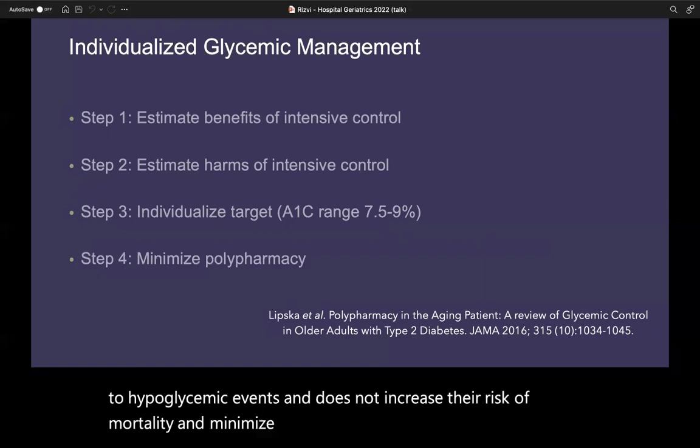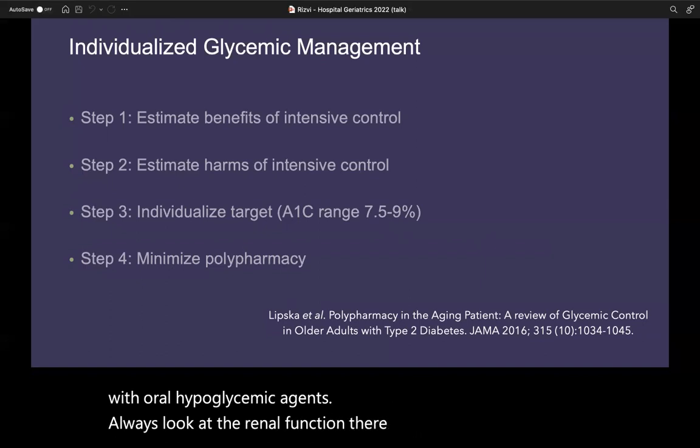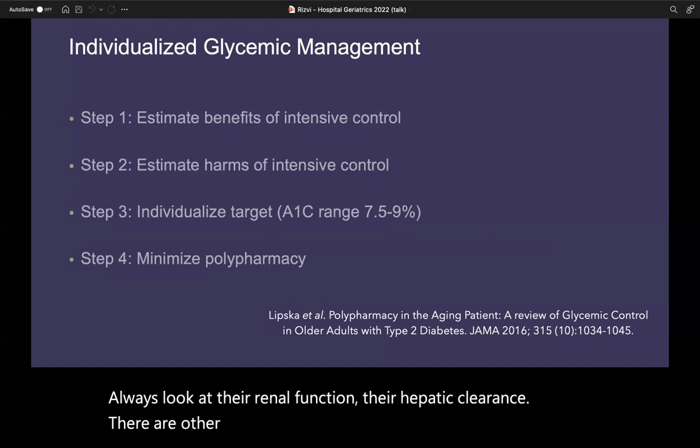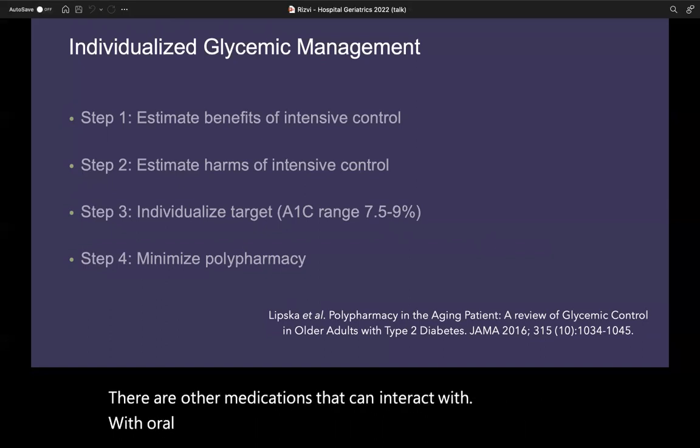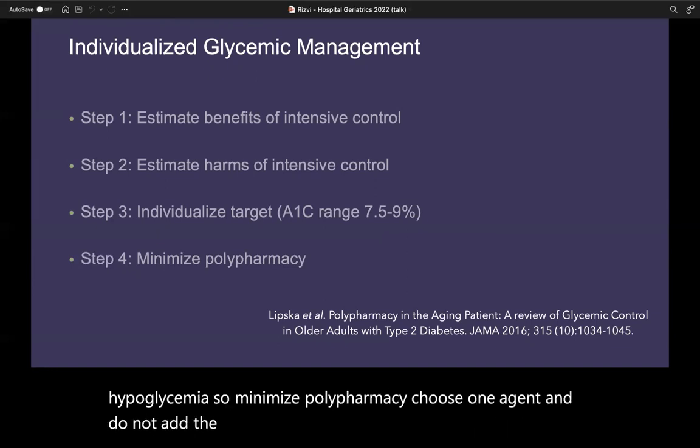If you are choosing to treat with oral hypoglycemic agents, always look at their renal function and hepatic clearance. There are other medications that can interact with oral hypoglycemics or insulin and increase the risk of hypoglycemia. So minimize polypharmacy. Choose one agent and do not add another agent unless the first agent has not yielded the desired effect.